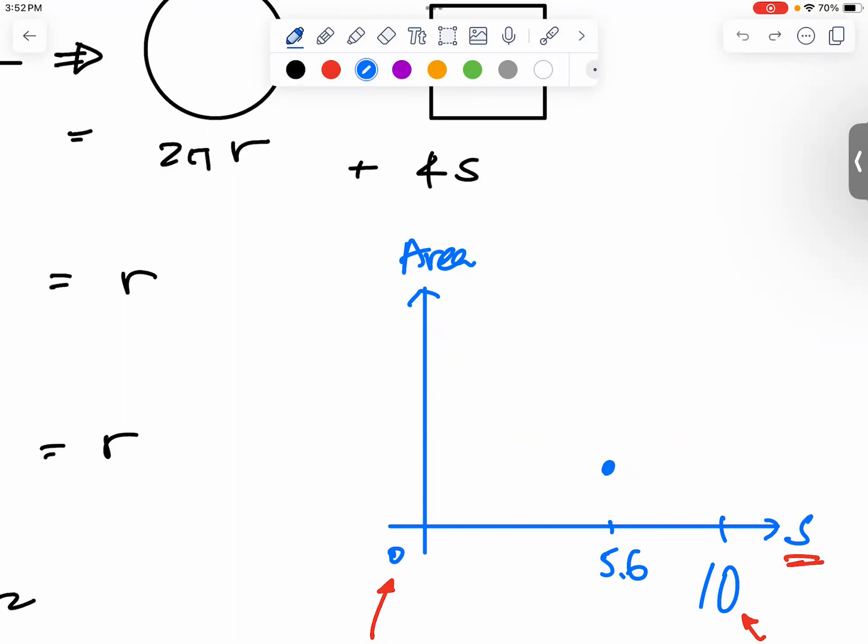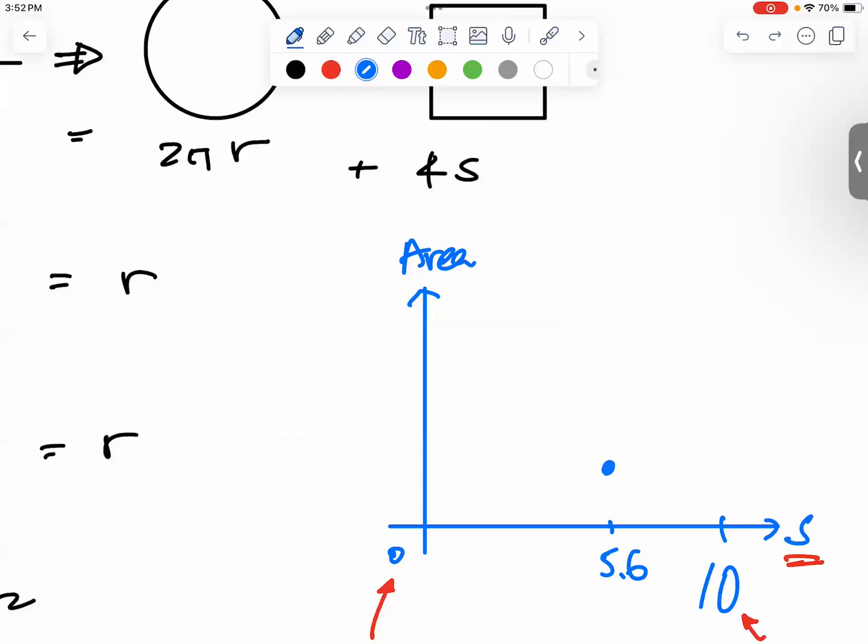So is the absolute maximum on the left when the side length is 0, or is the absolute maximum when the side length is at 10? Now, there's an easy way to figure this one out based on what you learned back in algebra 2.